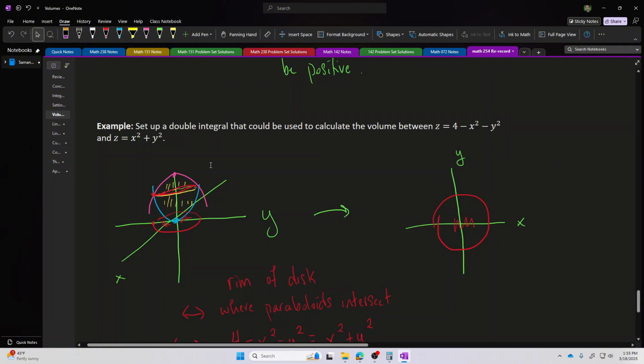In my picture, I can see that the top surface is formed by this paraboloid that starts at 4 and goes down from there. And I can see that this other paraboloid, starting from the origin and opening up, that's the surface on the bottom of this volume.